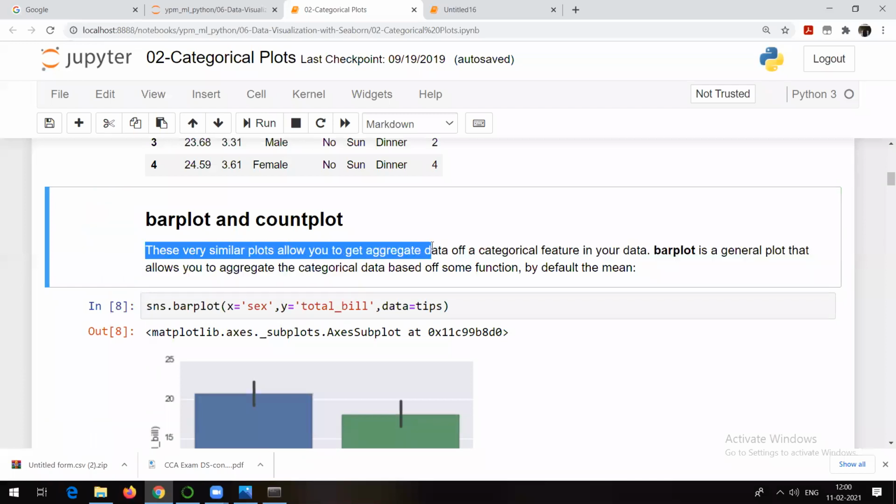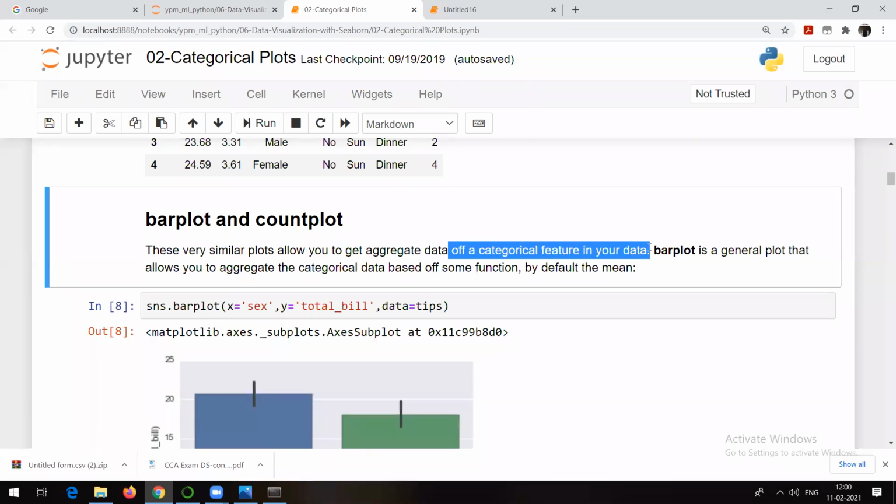They allow you to get aggregate data. Whenever I say aggregate, what does it mean? Mean, max, average value, sum, all those. So they allow you to get aggregate data of a categorical feature in your data. Categorical, always remember, means categorical data, right? Gender, male, female, is an example of categorical data.